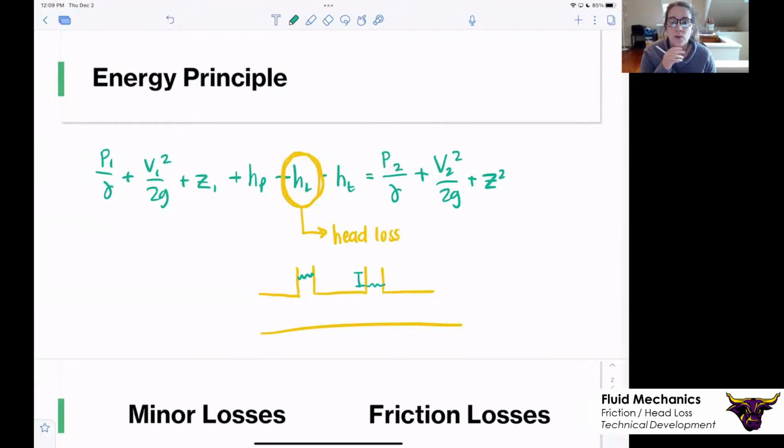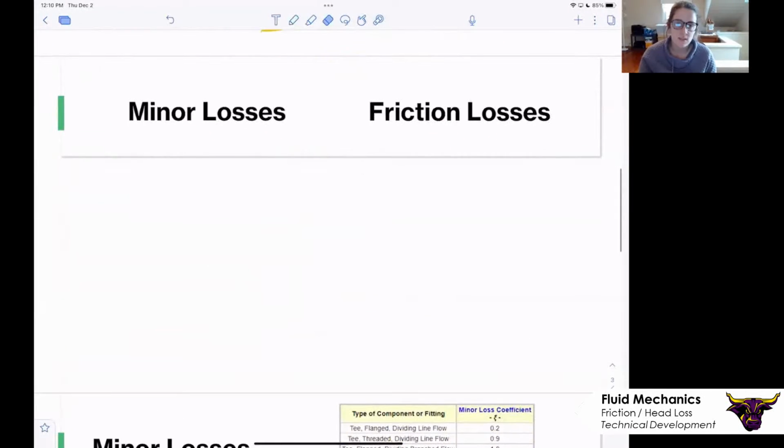This can also be related to the pressure fluid height principle. We're not going to talk about that today, but think about how those two things connect and what this difference in H means, that loss in height. We're going to talk about how to actually find this head loss, this loss in pressure, loss in energy because of friction.